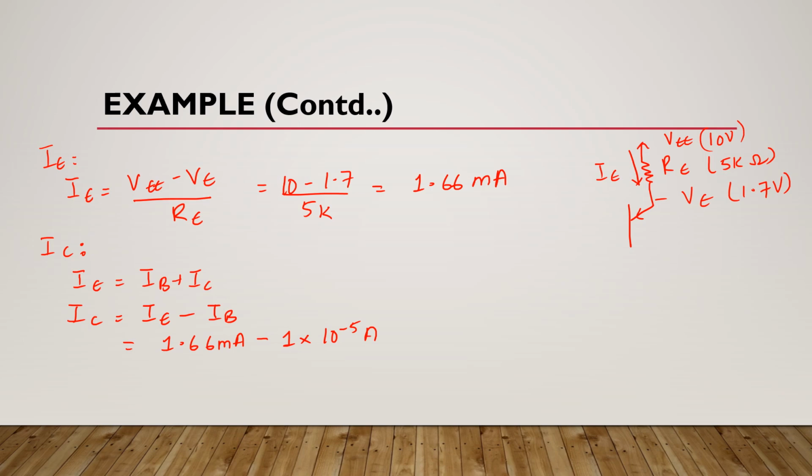Now after solving this, you will get IC is equal to 1.65 milliamperes. Okay, now you have found all terminal currents, that is IB, IC and IE.